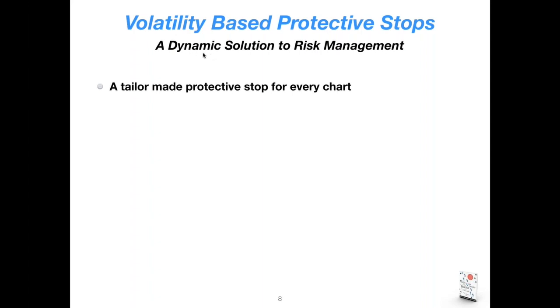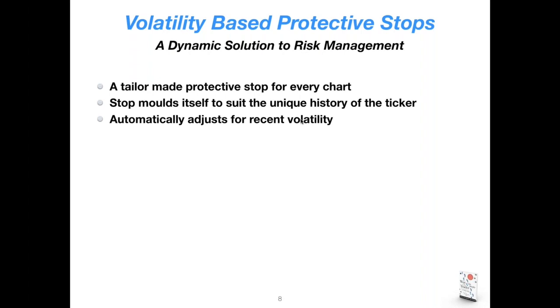And again, they're a dynamic solution, a solution that constantly adapts to changing situations. Because of this, they're a tailor-made protective stop for every chart we trade. And the stop molds itself to suit the unique history of the ticker we're trading. The stop automatically adjusts for recent volatility, and it also automatically adjusts for the time frame we're trading.